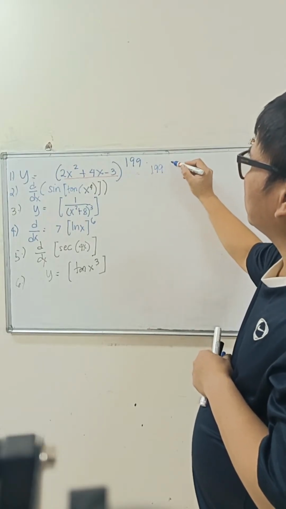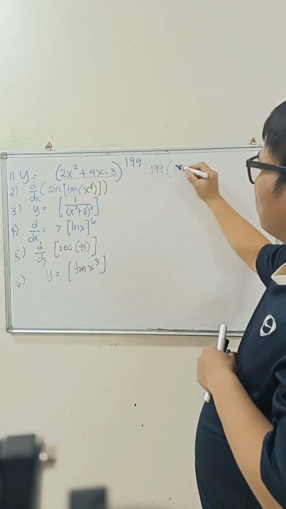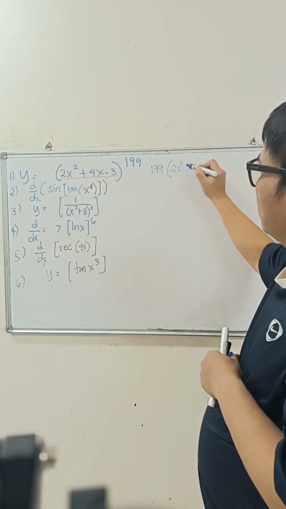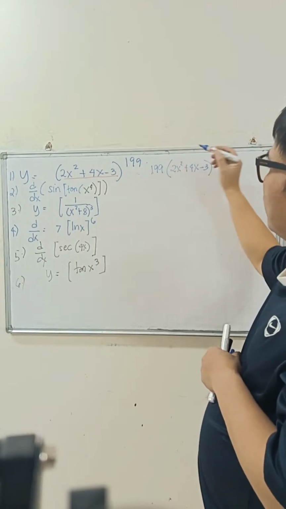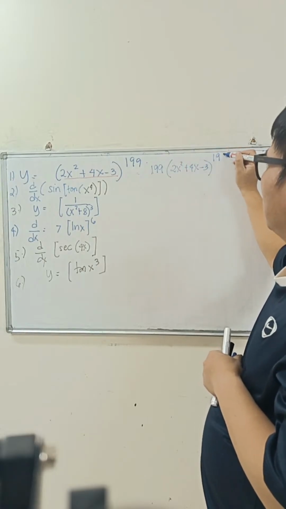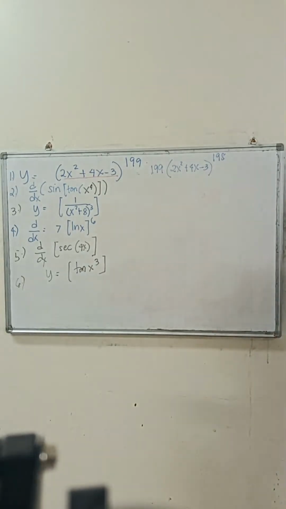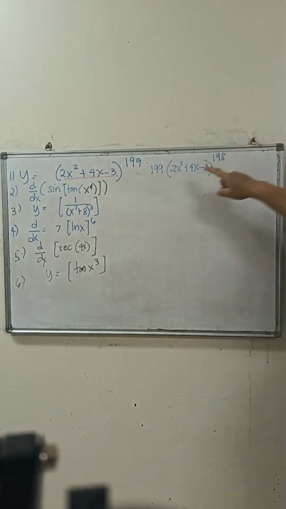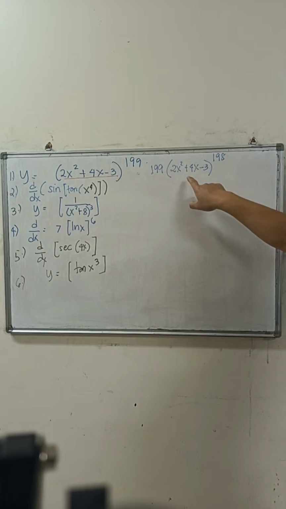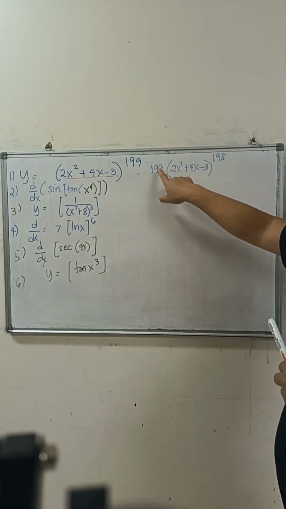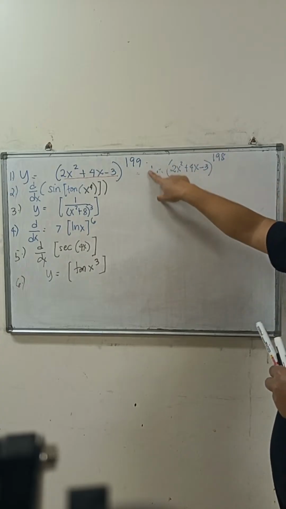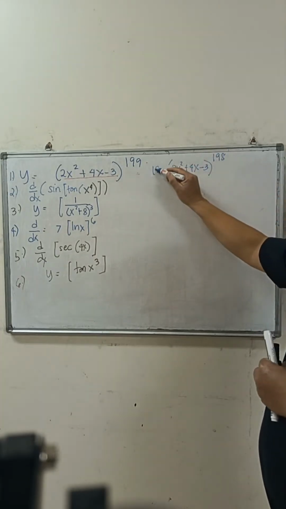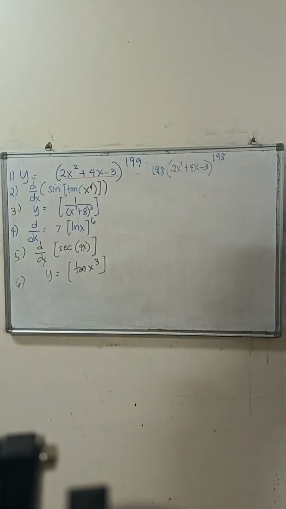Then copy this whole thing, 2x squared plus 4x minus 3, and then 199 minus 1, 198. Power rule, n minus 1. Then this is the variable x or u times the derivative. Now when you subtract by 1, you put that down beside the expression.